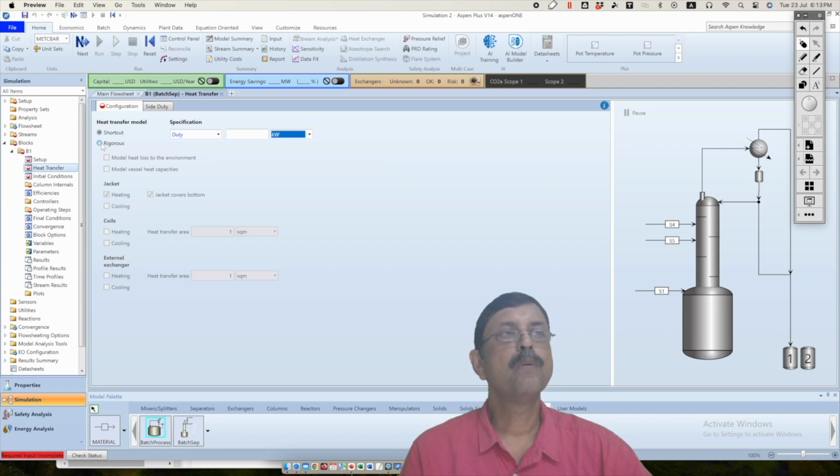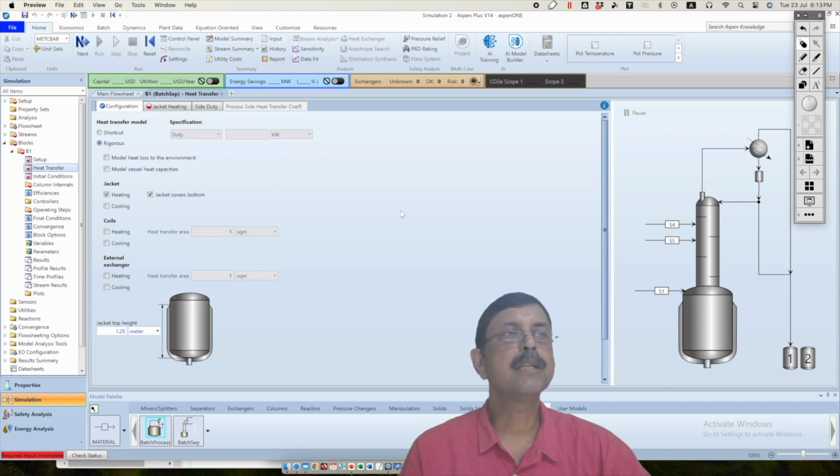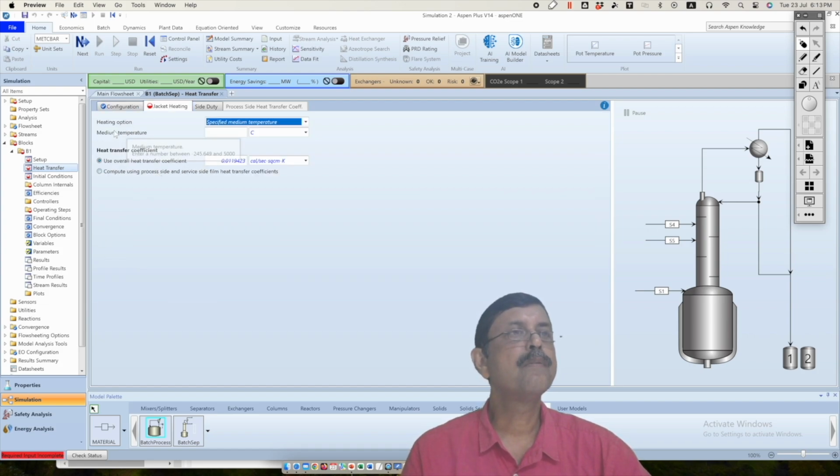But if you want to do the rigorous heat transfer calculation, in that case, you have to provide the jacket condition, that is the jacket heating. And for that, you have to provide the jacket top height, okay? And for jacket heating, again, you have to provide either heating option, that is the specified medium temperature, or the LMTD or steam heating.